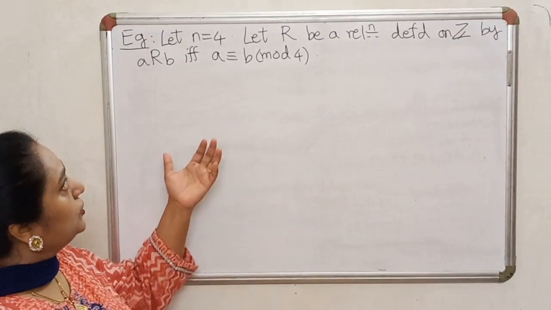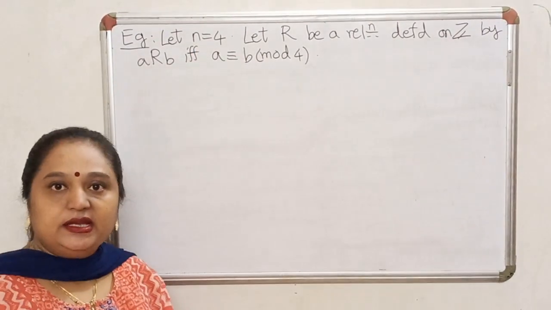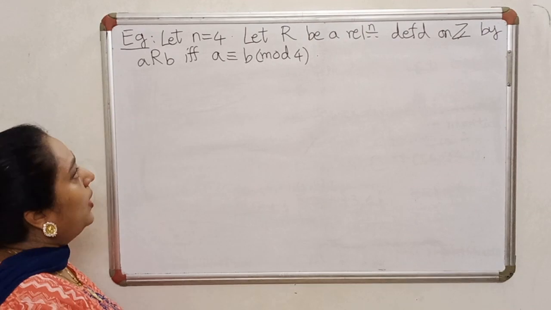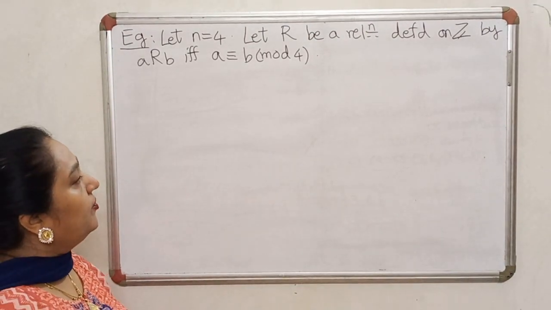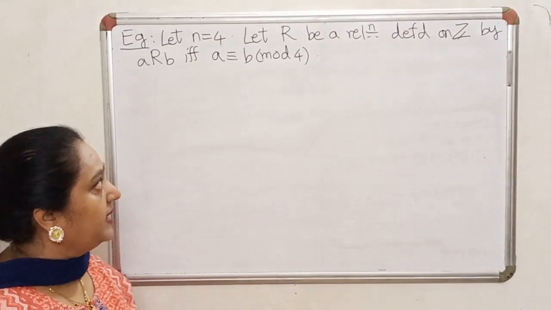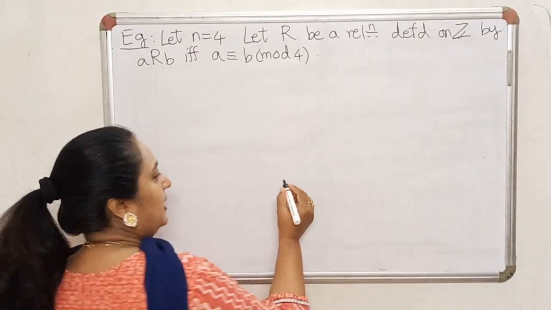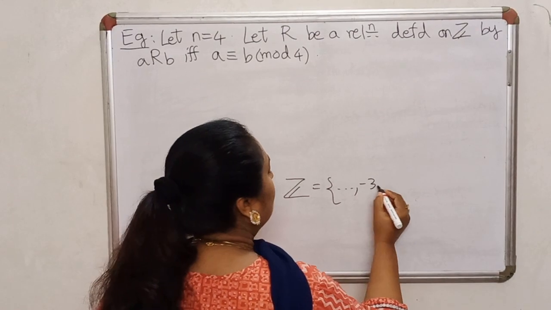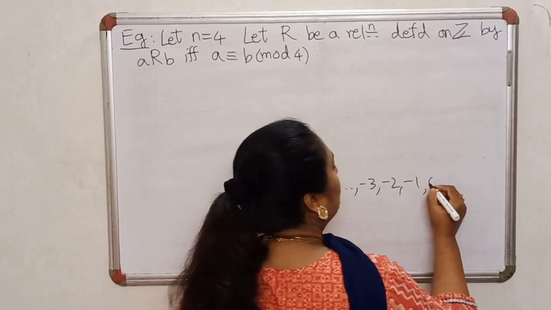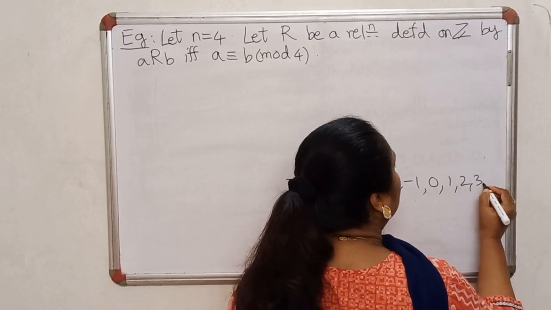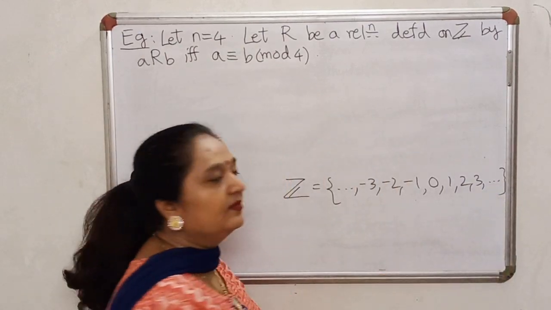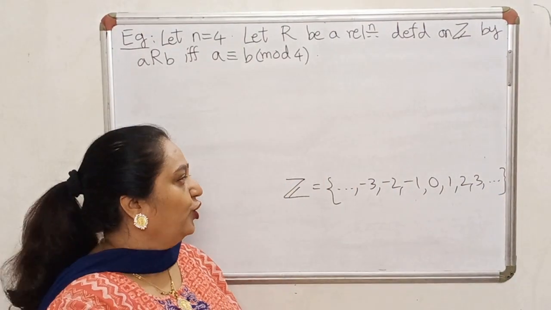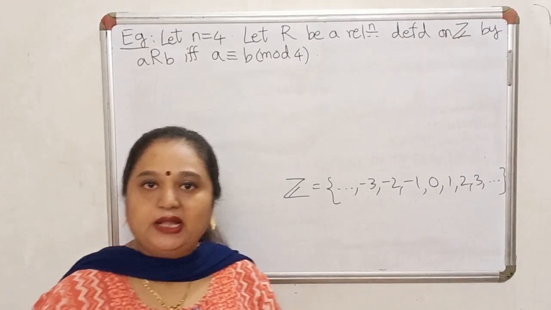So naturally it will also be an equivalence relation when n is equal to 4. Now I would like to find out the equivalence classes of elements in Z. However, notice that in Z, I have dots this side, I have dots that side.